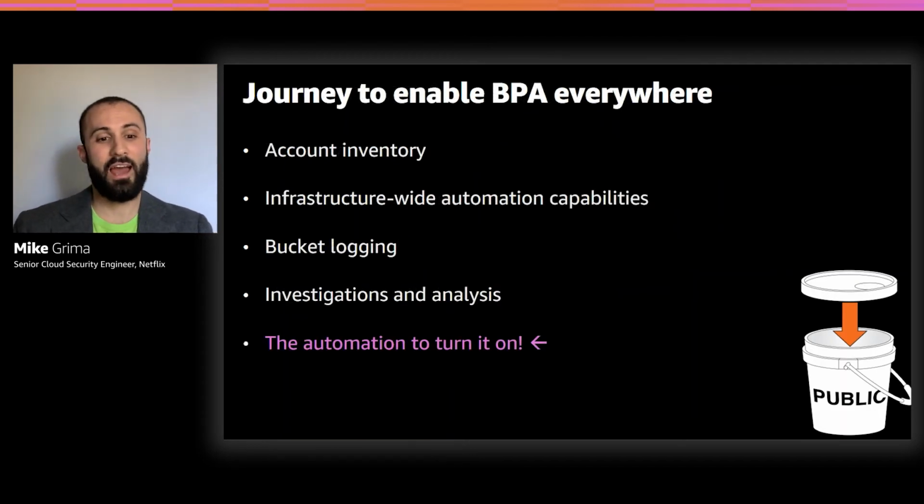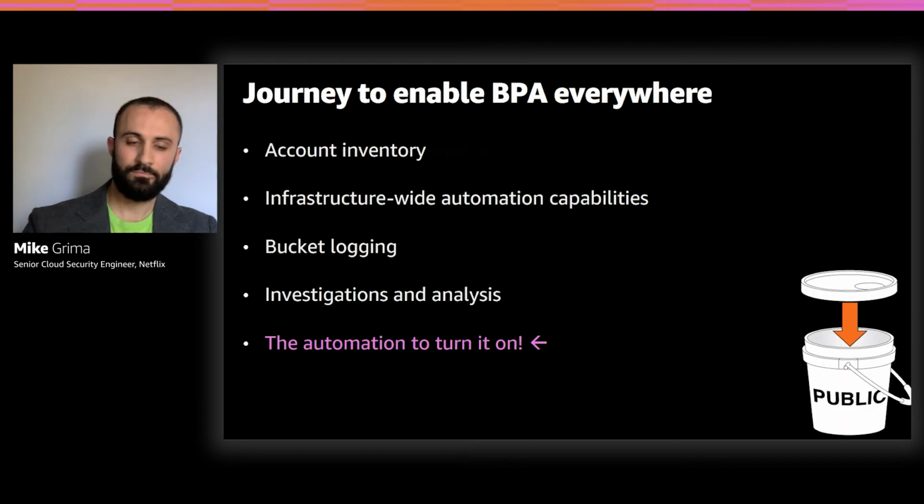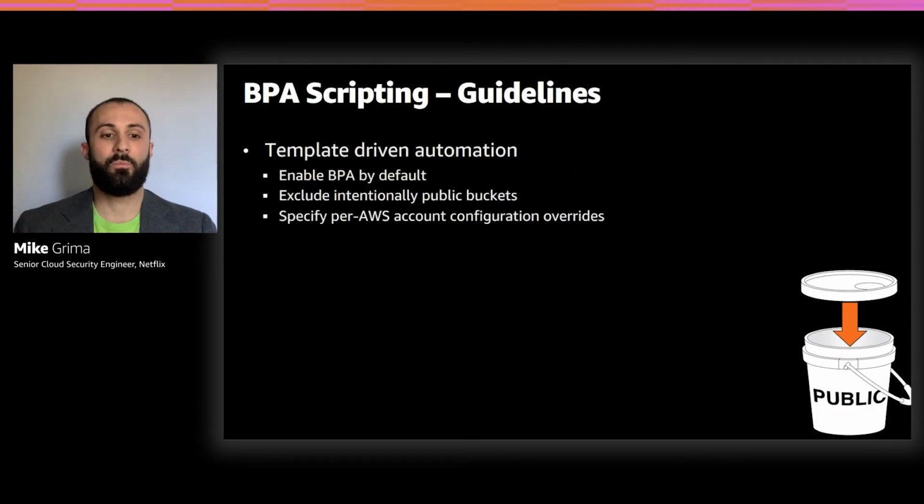Cool. So now you did your investigation and your analysis, and the next step is you need to turn it all on. Like I said, we're not open sourcing anything yet, so we're just going to provide some guidelines. What we would recommend is that you rely on a template type automation structure, where you'd want to enable block public access by default, except for the buckets that are intentionally public.